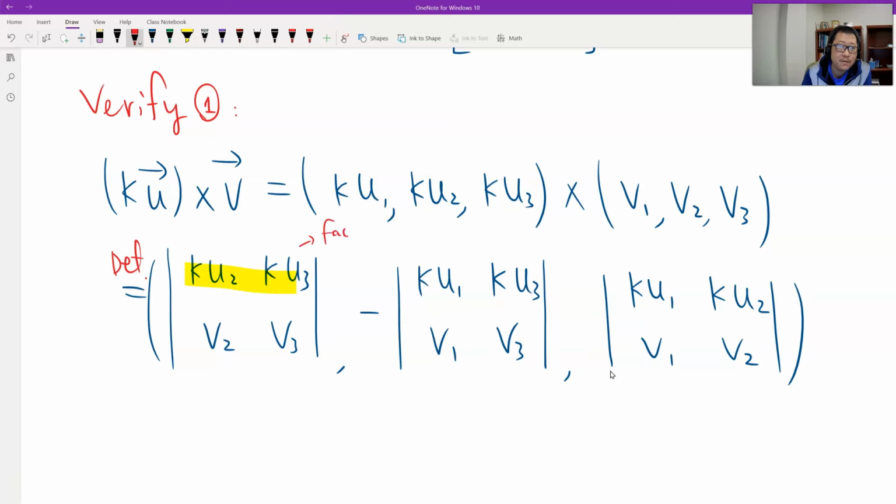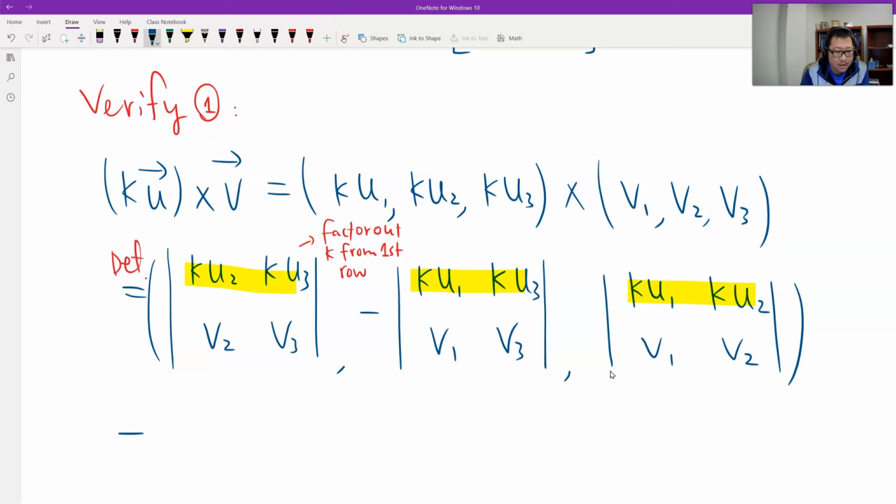Can we? Factor out K from the first row, right? The same for the second determinant and the same for the third. So we have a K on each component, and then the K we can take out of the vector by scalar multiplication.